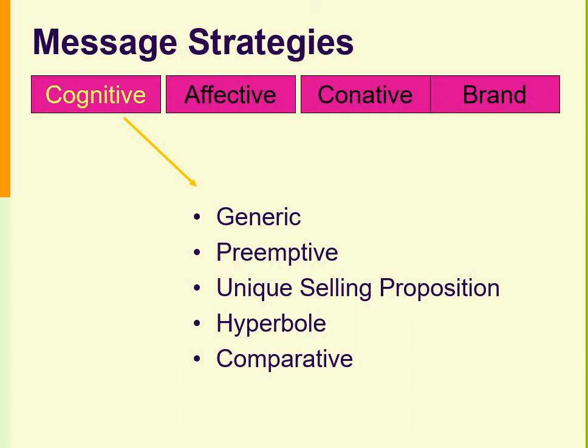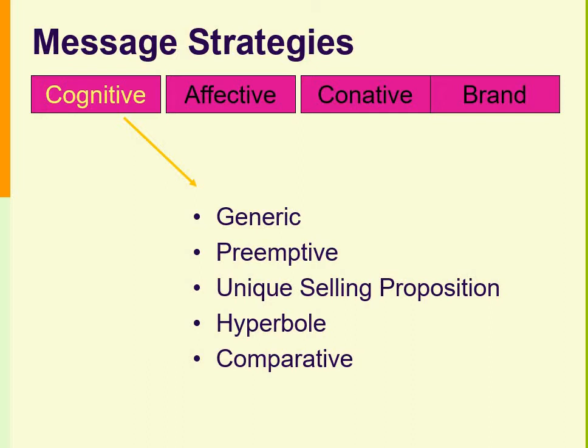There are further five types of cognitive message strategy. One is termed generic, then preemptive, unique selling proposition, hyperbole, and comparative advertising messages.